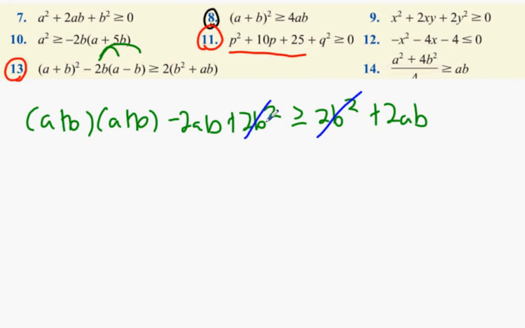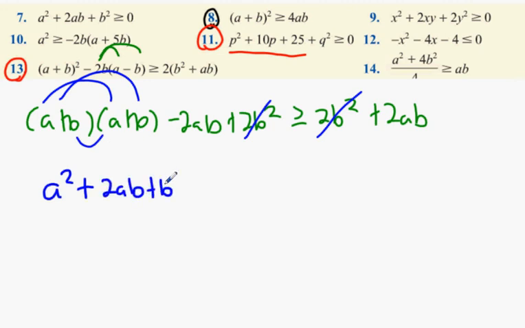Why? It'd be minus, yeah. Okay, multiply this one out, and we get plus another ab, which would be 2ab, yeah, plus b squared, yeah, minus 2ab greater than or equal to 0.